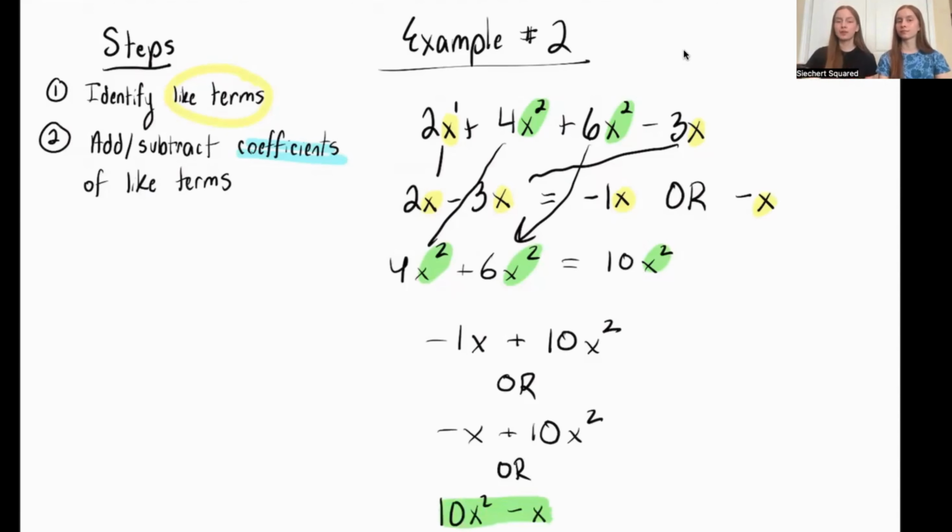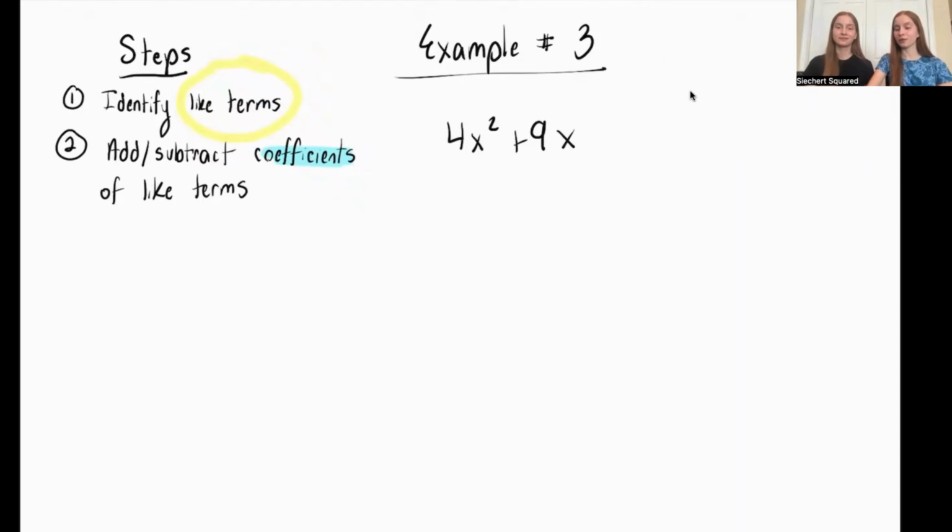That's probably the most common way that you're going to see your answer. Now, if you have one of these other versions, you are not wrong. You just wrote it a little bit differently. Some teachers, depending on where you are in your math journey, might specify they want you to put it into standard form, meaning the highest exponent to the lowest exponent. So that would be your final, finished answer for this problem.